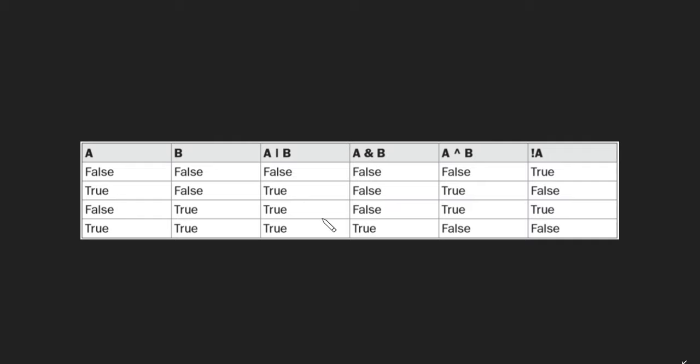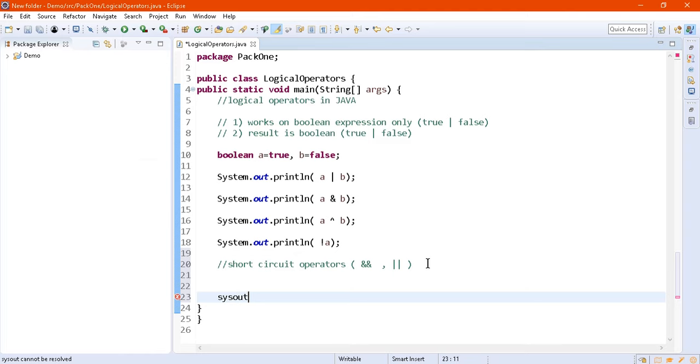So now let's see this scenario in our code. Let's assume I have a condition something like this, that 2 is equal to 2, OR, that I am performing a short circuit OR operation here, and I'll do 2 divided by 0 is equal to 0. So in this case, the first expression is returning true, and the other one is throwing an error because we cannot divide something by 0.